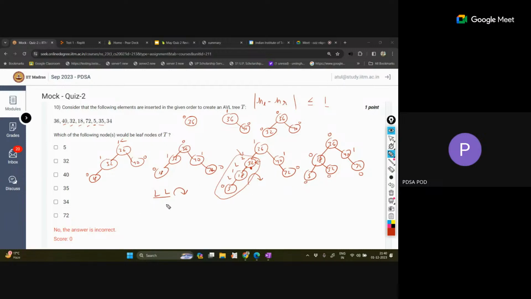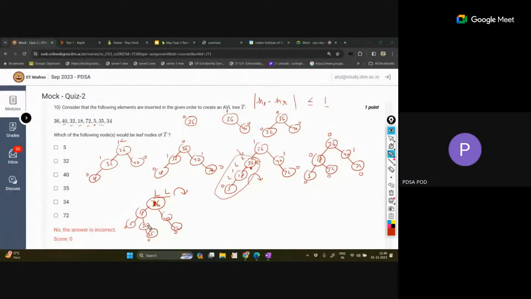In this case, we have 36 and 18, 40, 5 and 32, 72. So 35 is smaller than 36, greater than 18, greater than 32, so 35 will be added here. If we add 35 here, the balance factor for this is 0, this is 0, this is 0.